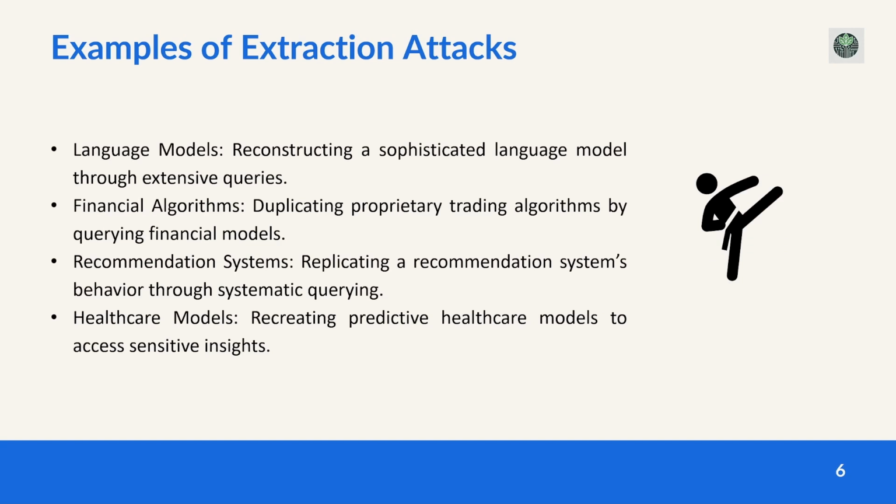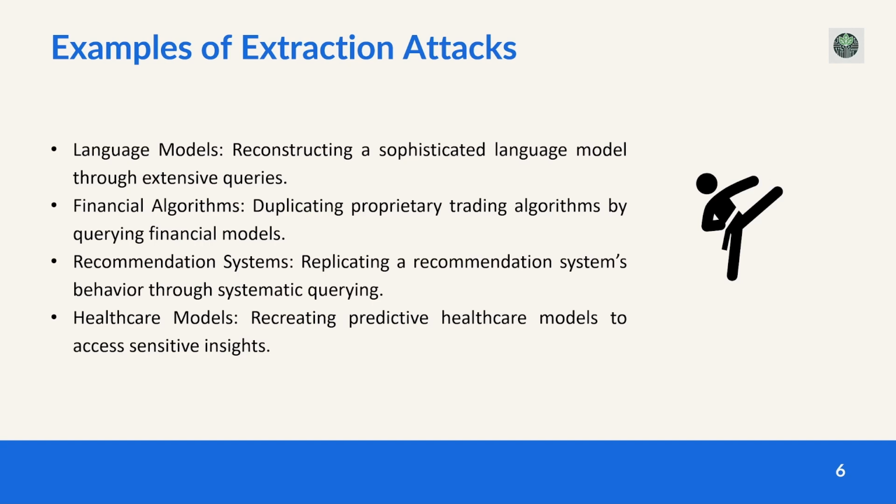So let's dive a little bit deeper into some specific examples of extraction attacks. For example, language models are often a prime target for reconstruction through extensive querying, allowing attackers to steal very sophisticated models designed for natural language processing. In the financial sector, attackers can duplicate proprietary trading algorithms by systematically querying them.